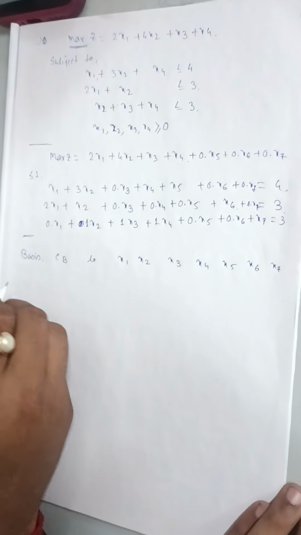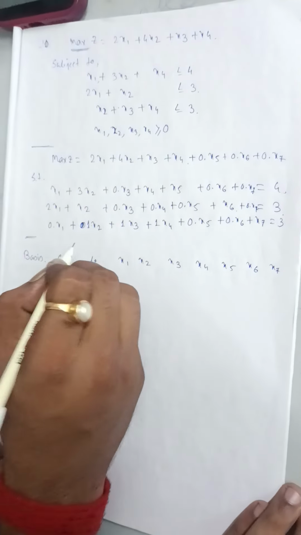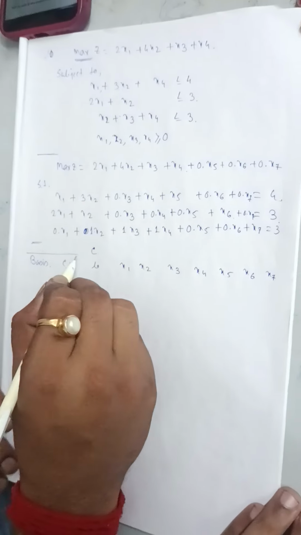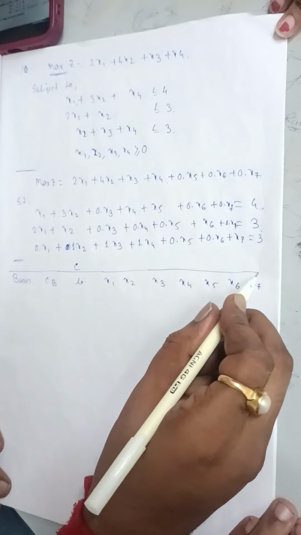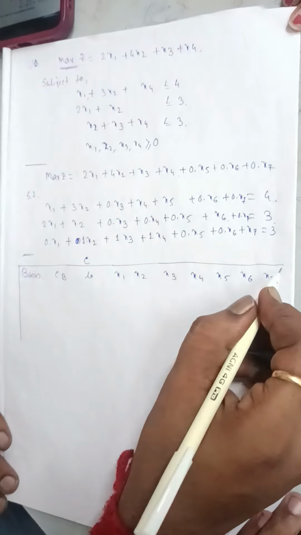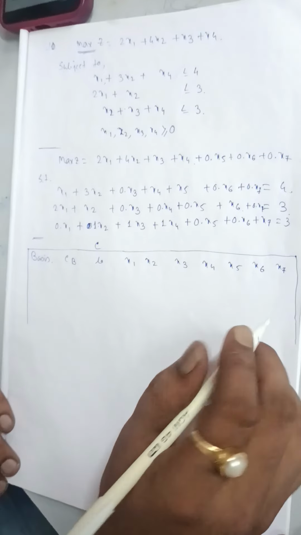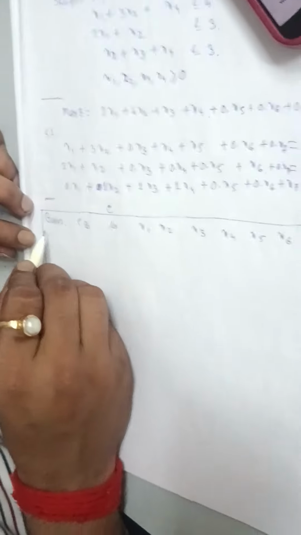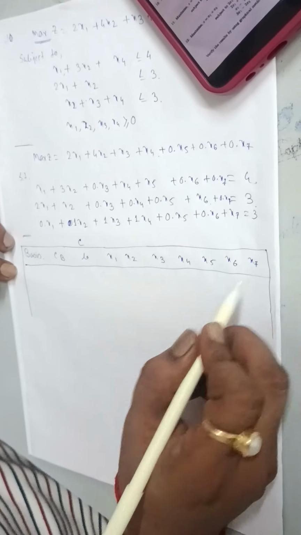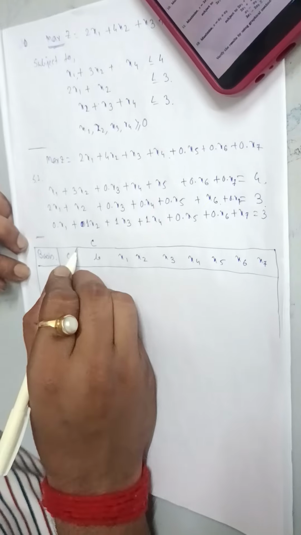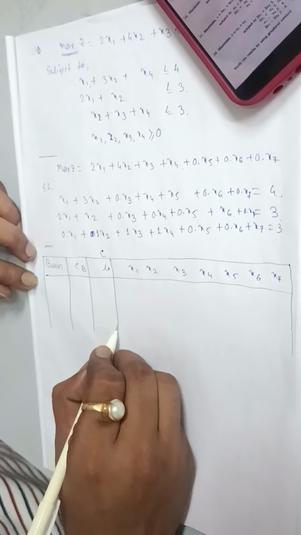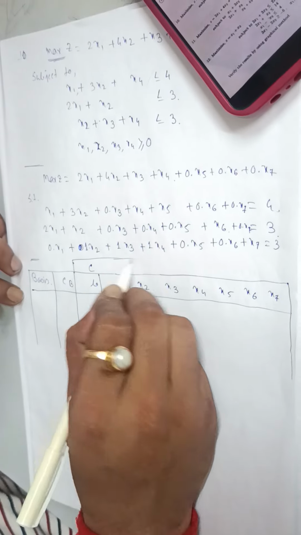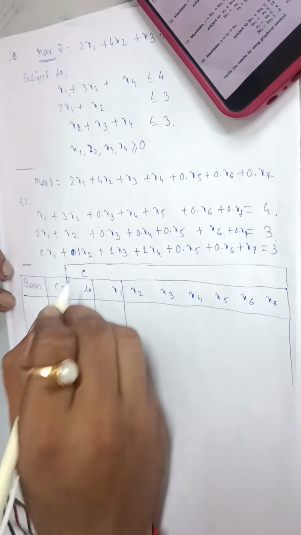Upon these I am going to write down C, which is given by the coefficients of the objective function.